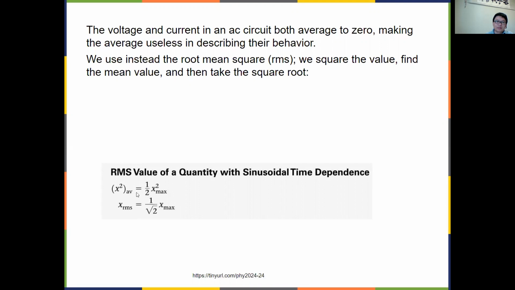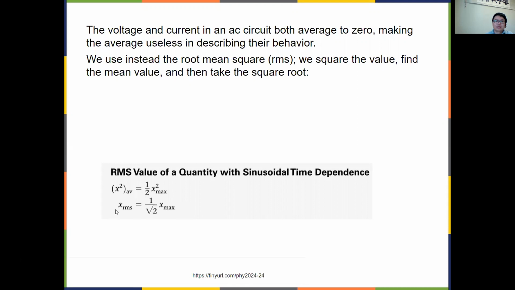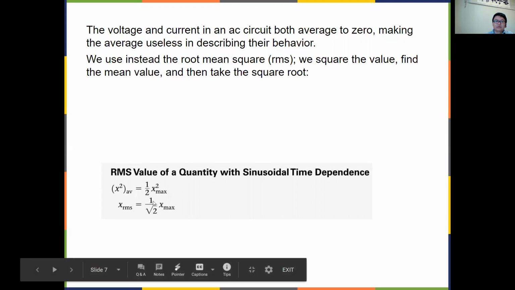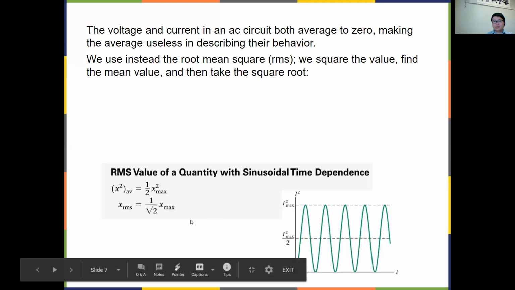So it will be 1 over the square root of 2 times x max. Then the root mean square of a quantity is equal to the maximum of that quantity divided by square root of 2. So if you square the quantity and then average it out, it will give you half of that square.